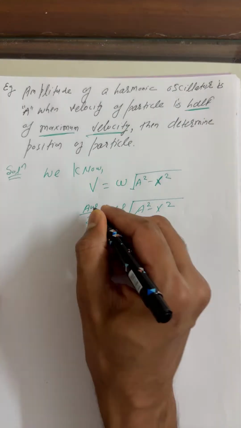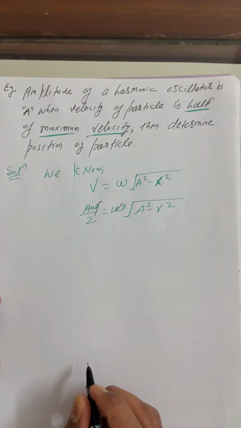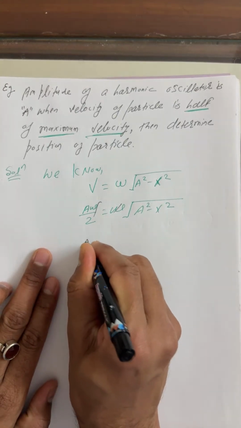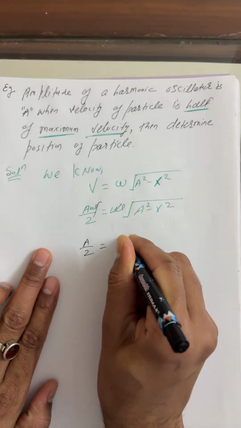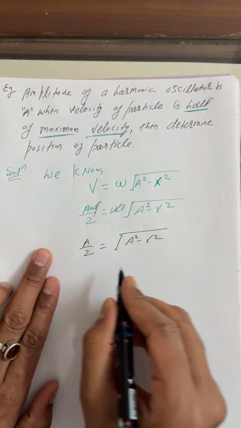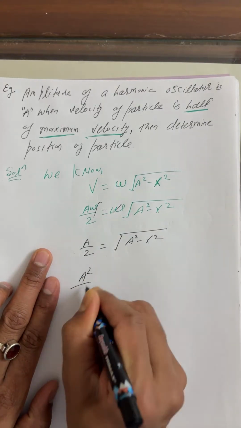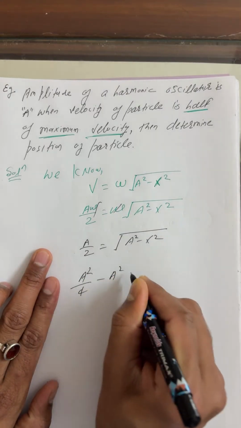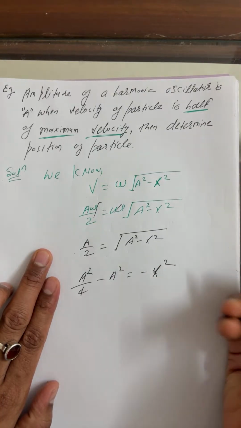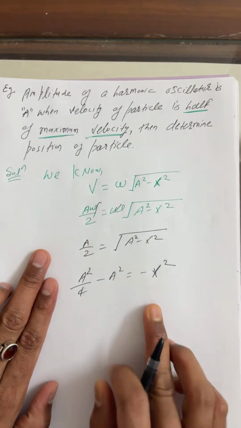Omega cancels out. So A by 2 equals the square root of A square minus x square. Squaring both sides, A square by 4 equals A square minus x square, so A square by 4 minus A square equals minus x square. We wish to find the position of the particle, which means x.